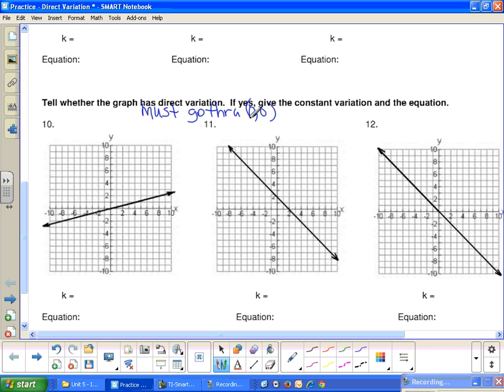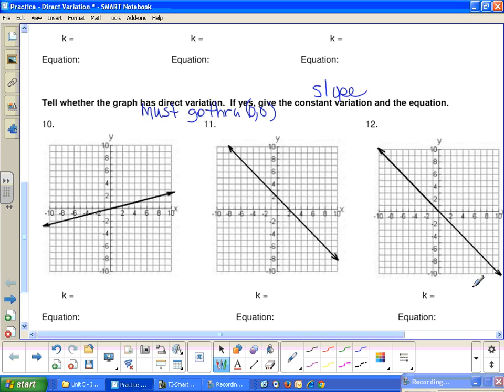So it's real easy to determine if we have a graph, whether it's a direct variation equation or not. Because if you don't go to the show to buy tickets, you don't spend any money. If you don't put gas in your car, then you don't spend any money. So all of these are starting at 0 before you start making changes.